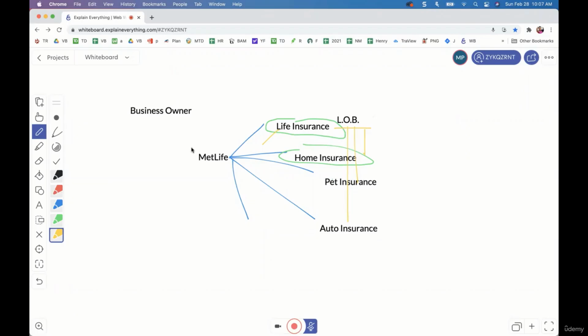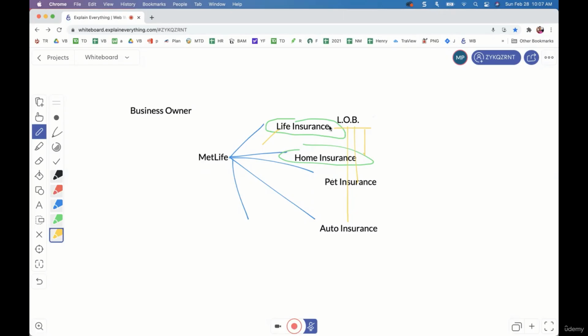So the parent company is MetLife. However, the way MetLife treats it is that each of these products is a separate business, a line of business within MetLife. All these lines of business refer to the CEO of MetLife, the main parent company.